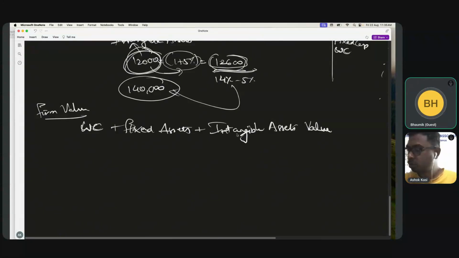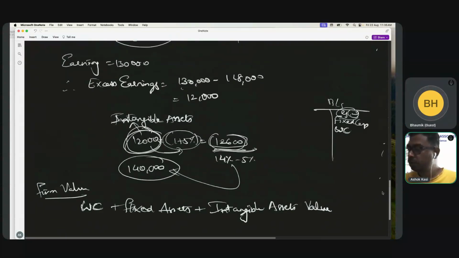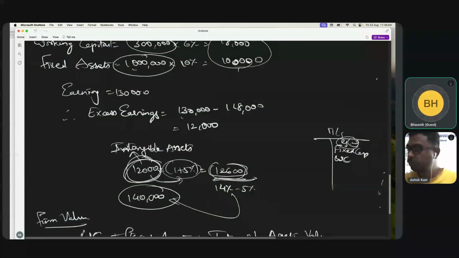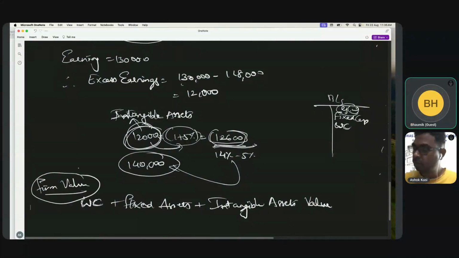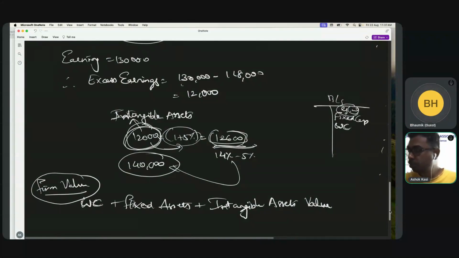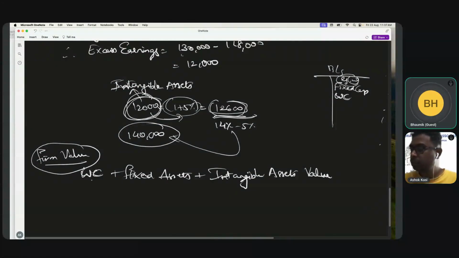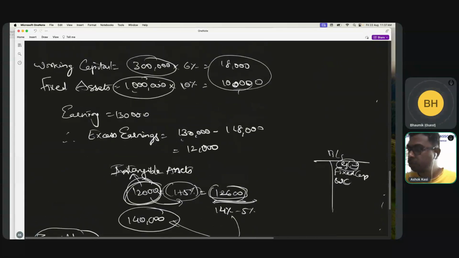We will also add net profit, no? We are valuing the firm now. That profit we have already segregated and distributed between working capital, fixed capital, and intangible assets. So working capital was 3 lakh, this is 10 lakh.